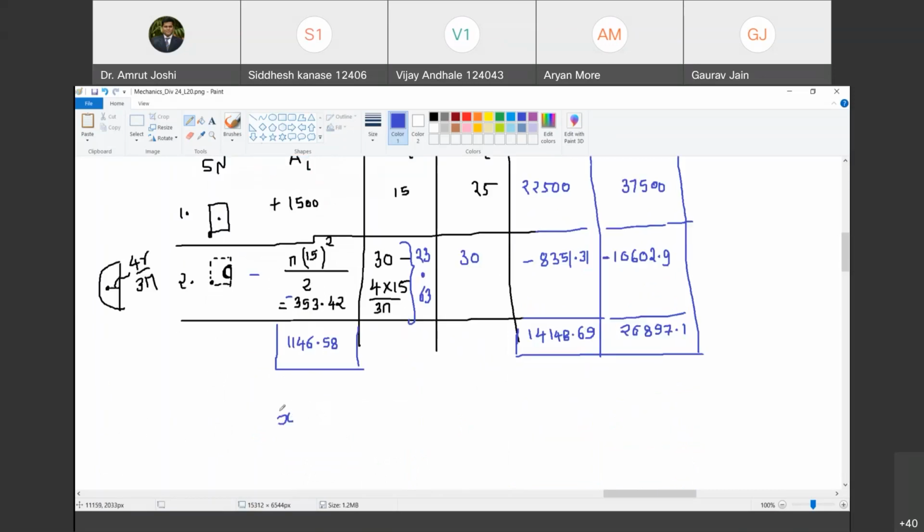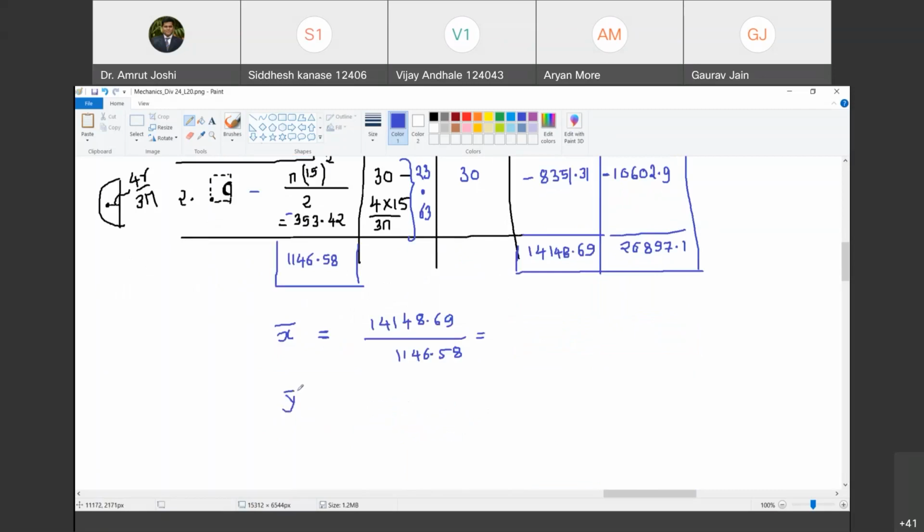So can we find out x bar? How much is x bar? It is 14148.69 divided by 1146.58. And y bar is 26897.1 divided by 1146.58.